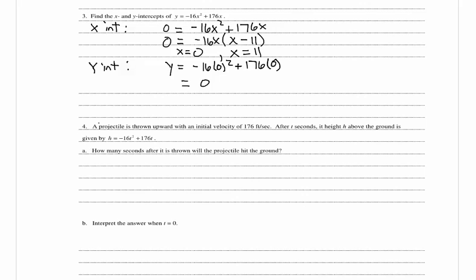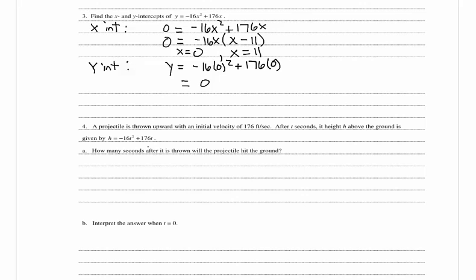And then in 4, it asks, a projectile is thrown upward with an initial velocity of 176 feet per second. After t seconds, its height, h, above the ground is given by h is equal to negative 16 t squared plus 176 t. And in A, they ask, how many seconds after it is thrown will the projectile hit the ground?